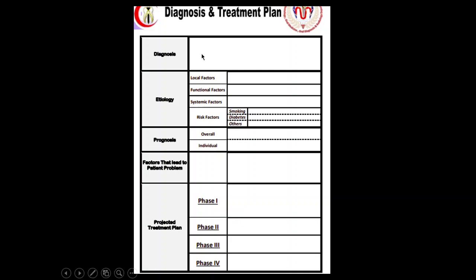But we need to determine the degree, according to the degree of gingivitis or degree of periodontitis. The gingivitis, we have localized gingivitis or generalized gingivitis, or chronic gingivitis.